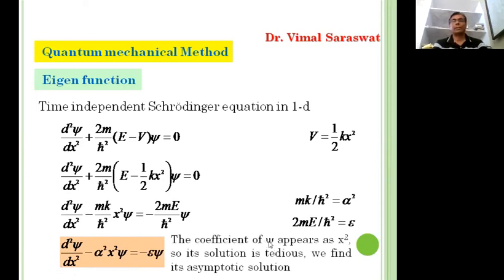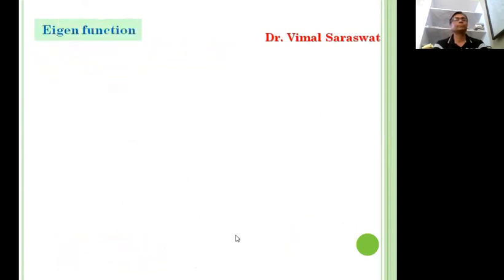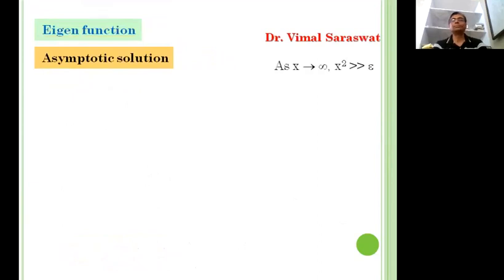Here the coefficient of psi appears as x square. So the coefficient of psi is alpha square x square. It means the coefficient of psi appears as x square. So its solution is tedious and hence we find its asymptotic solution. Now the asymptotic solution.